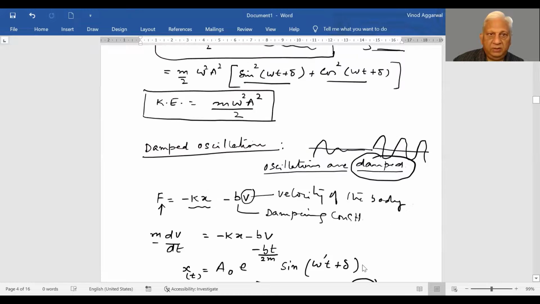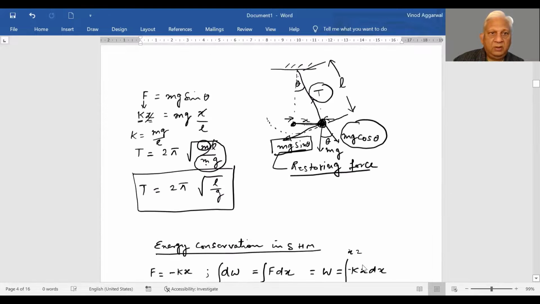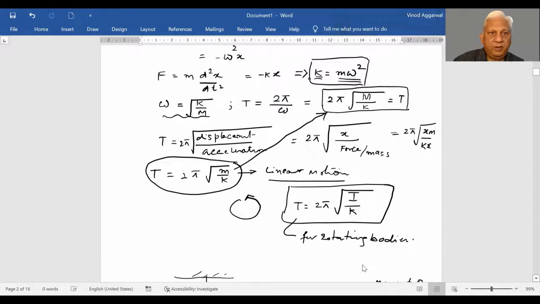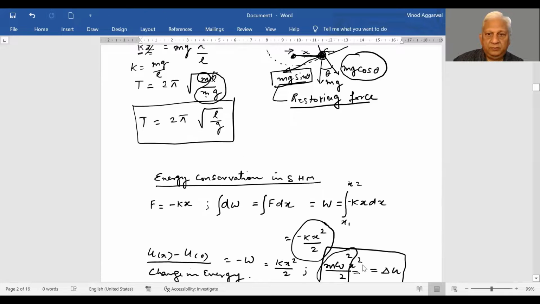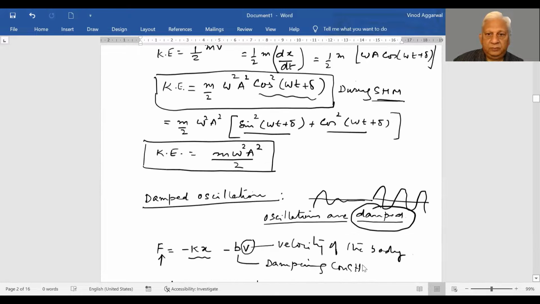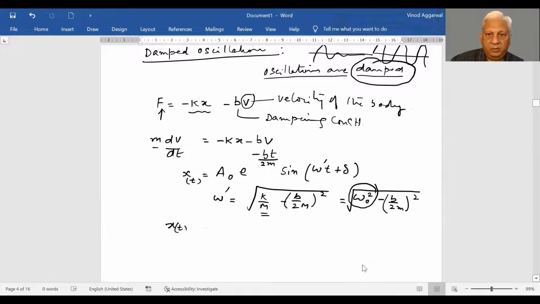We have already seen earlier. This was our omega. Omega is equal to root of k by m. Okay.